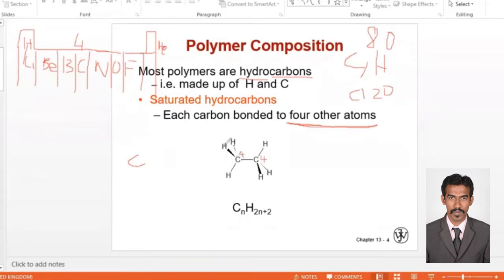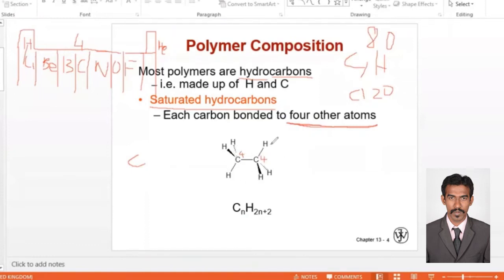If each carbon atom is bonded to 4 other atoms, it is called a saturated hydrocarbon, which means it is full. We can't introduce any more bonds.